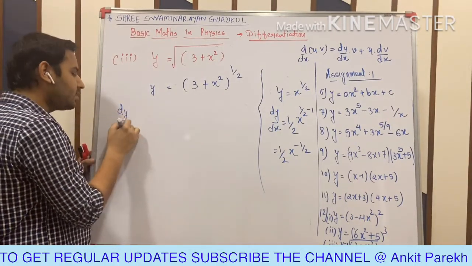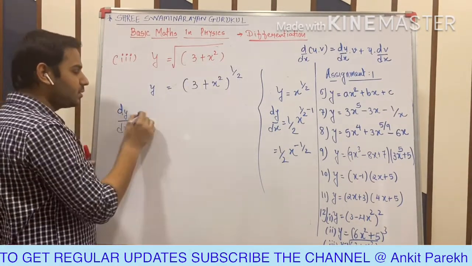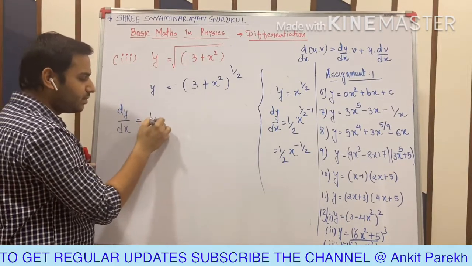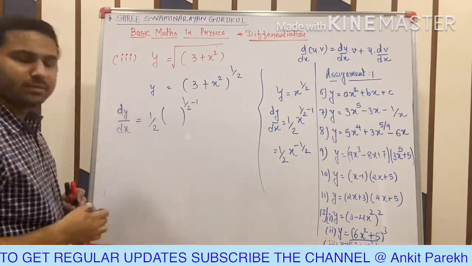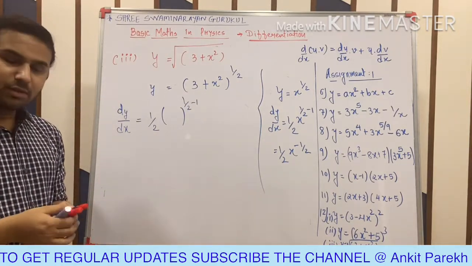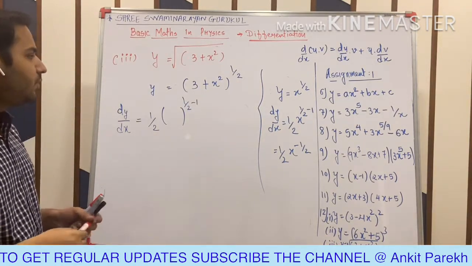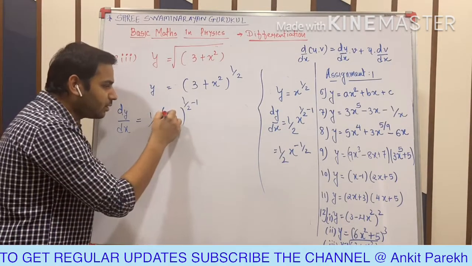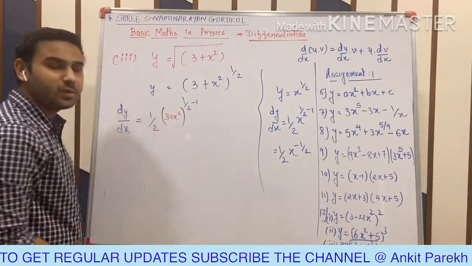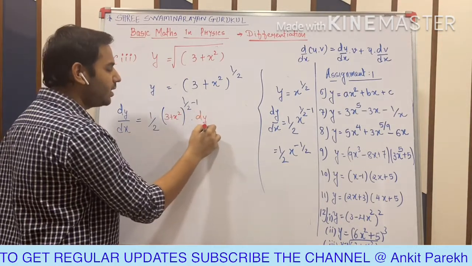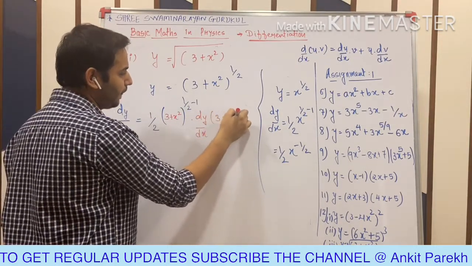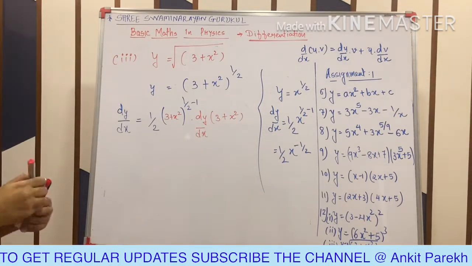I'll do the same. Dy by dx: this is bracket raised to 1 by 2. My answer is 1 by 2 into bracket raised to 1 by 2 minus 1. Okay? Differentiation over. Obviously no. Into bracket, just write 3 plus x square, and chain rule, jump into the bracket, dy by dx of bracket. Done?